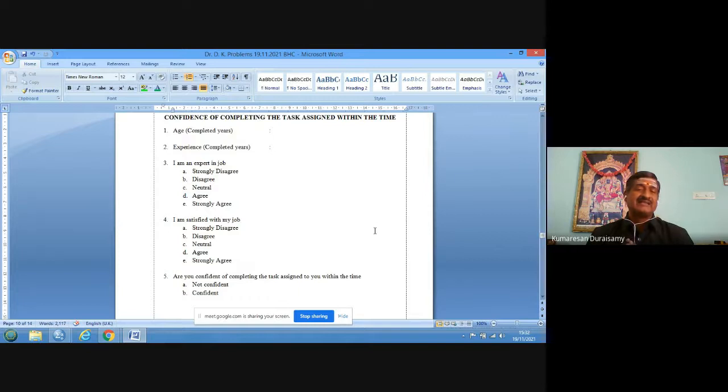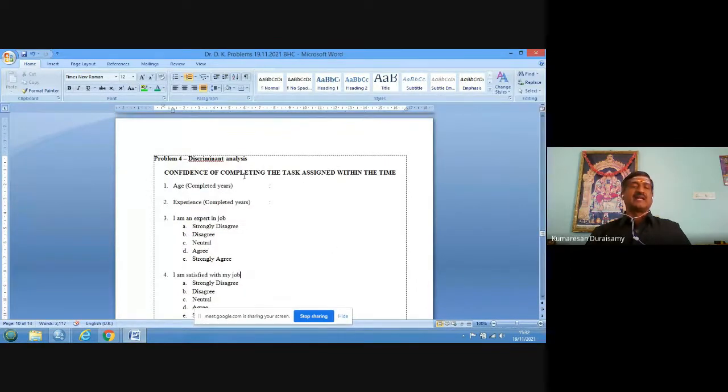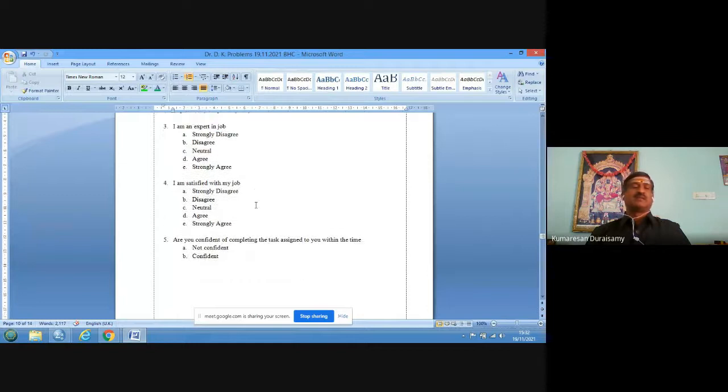So here, discrimination: what is the discrimination? Whether they are confident or not confident. So they are divided into groups. Which group is more confident or which group is less confident? In order to decide that, we are performing the discriminant analysis.